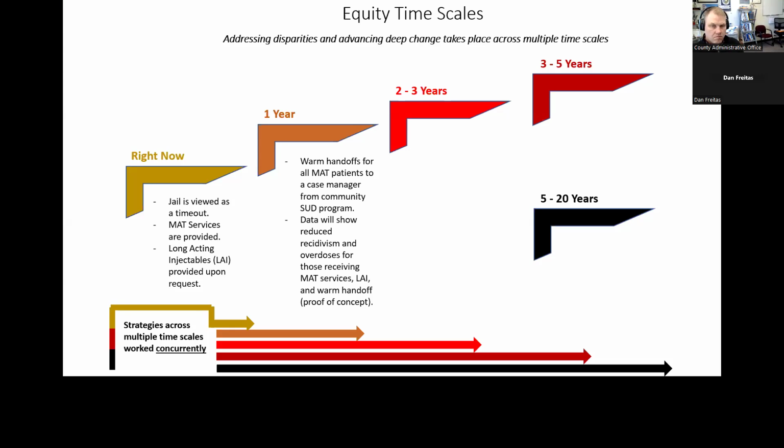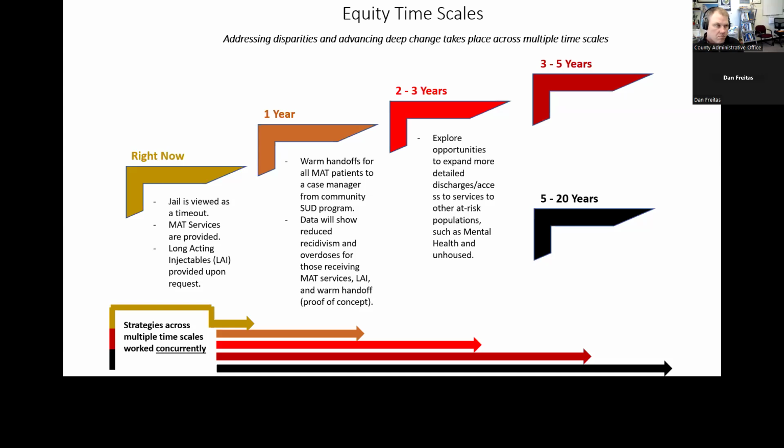We started that in December of 2024. We're currently doing it. We're still working out some kinks, but we are starting to do it. And we're hoping that the data is going to start to show reduced recidivism and overdoses for those receiving MAT services, long-acting injectables, and a warm handoff, kind of a proof of concept.